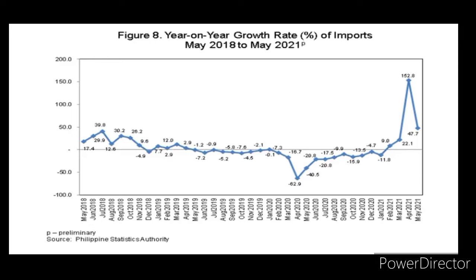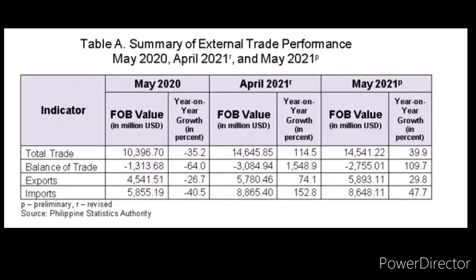On the import graph, import value increased because total imported goods in May 2021, which amounted to USD 8.65 billion, increased at an annual rate of 47.7%. In April 2021, the annual increase was higher at 152.8%, while in May 2020, imports decreased by negative 40.5% annually. The country's total external trade in goods in May 2021, which amounted to 14.54 billion US dollars, grew at an annual rate of 39.9%.